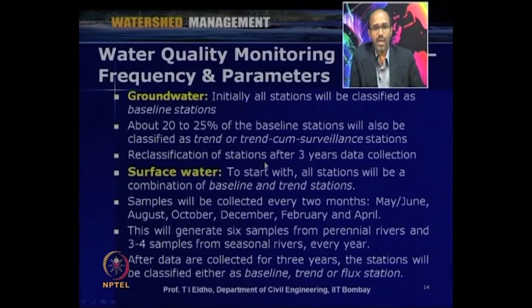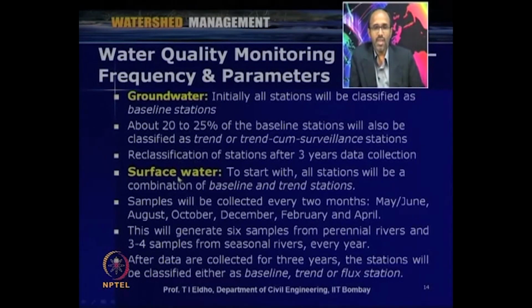Then after a few years, for example 3 years as specified by the Central Pollution Control Board, we can reclassify these stations, and then some other stations can be chosen, whether as a baseline station or surveillance stations.